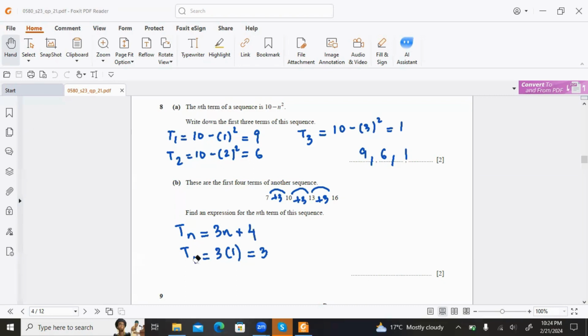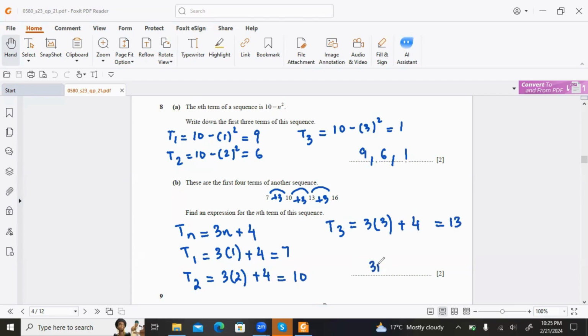So if we start again, 3 times 1 plus 4 gives us 7. Let's check that with the second term as well. 3 times 2 plus 4 gives us 10. And if we check that with the third term as well, 3 times 3 plus 4 gives us 13, which means 3n plus 4 is our nth term.